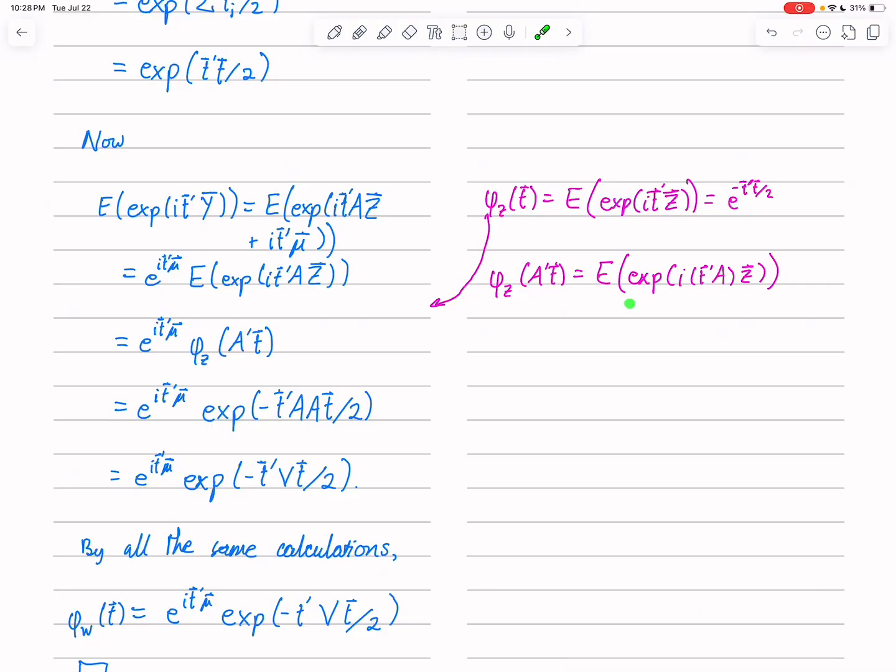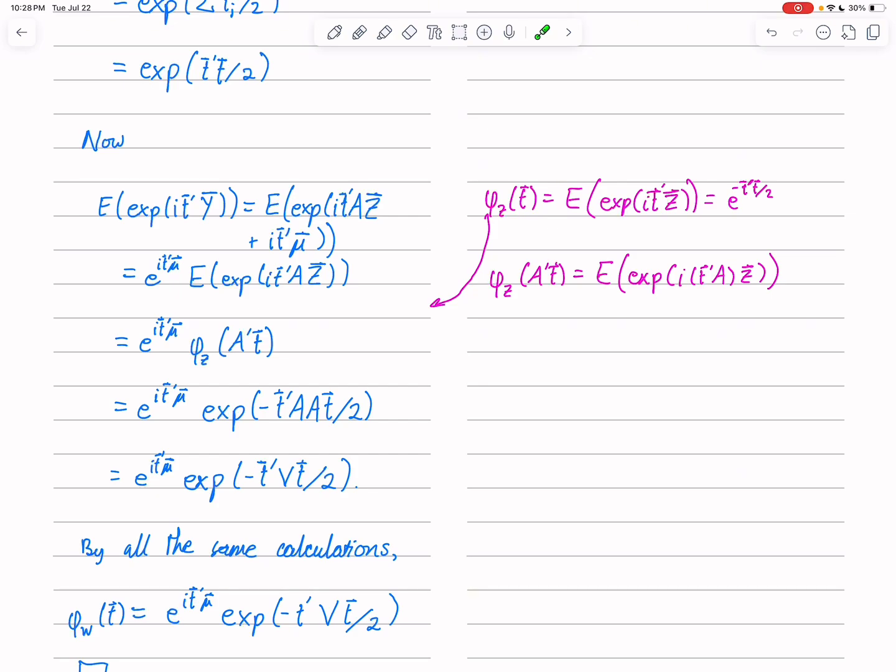You would do the normal thing: you would get the expected value of the exponential of i times, and normally this would just be t transpose, but because we're plugging in A transpose t, that turns into this. Taking the transpose of that product, you get this right here.